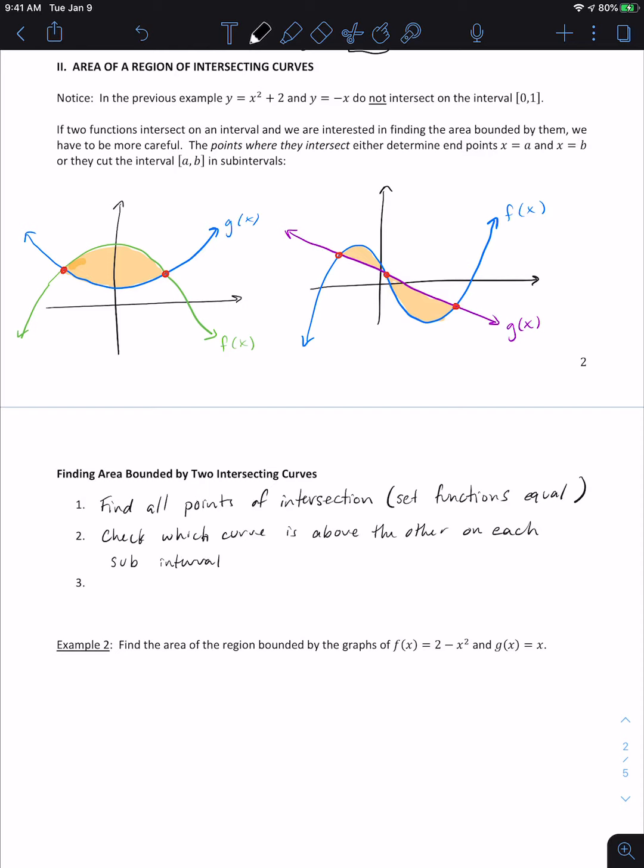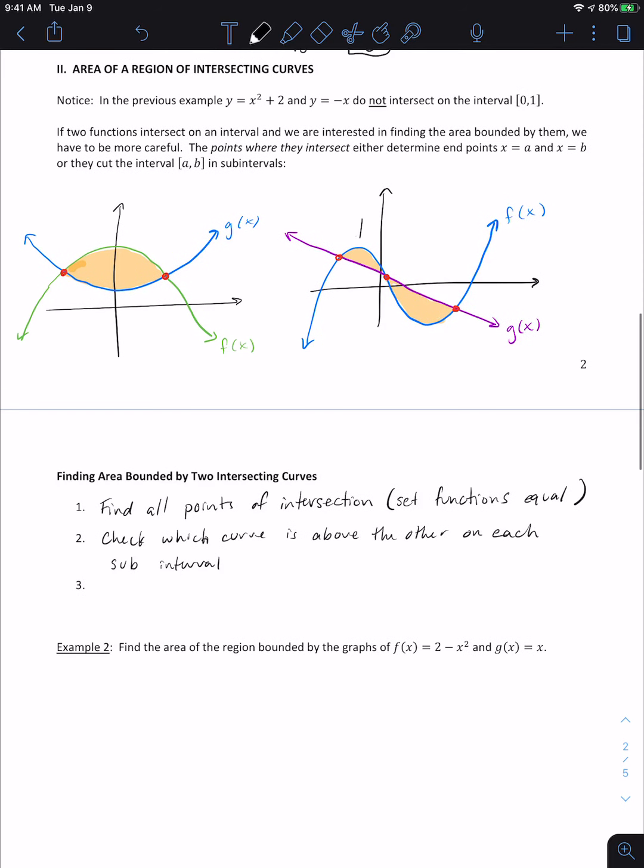So for example, on this graph on the right, on this little piece of it, the blue graph's on top, and then on this little piece of it, the purple graph's on top, right? And then what we do, we use the area formula from before on each subinterval. Whoops, that's really messy. Sorry, guys.